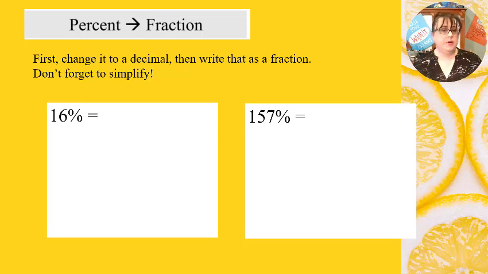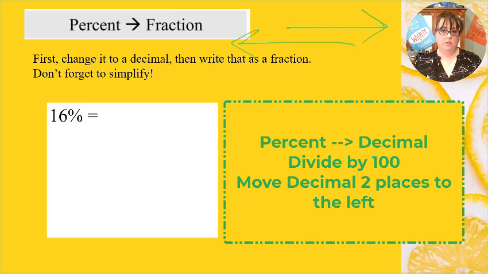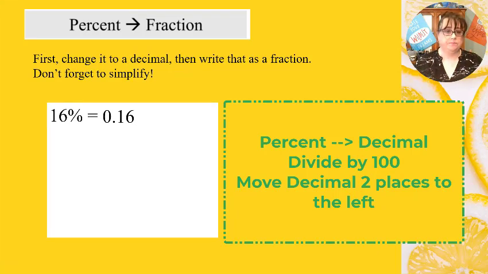So 16% as a decimal, you have to go now backwards to before, when we were going to the right. Now to go back into the decimal, we're going to go to the left. So it's going to become 0.16 because I had to get smaller.